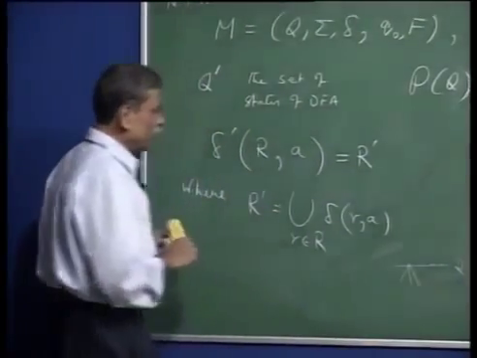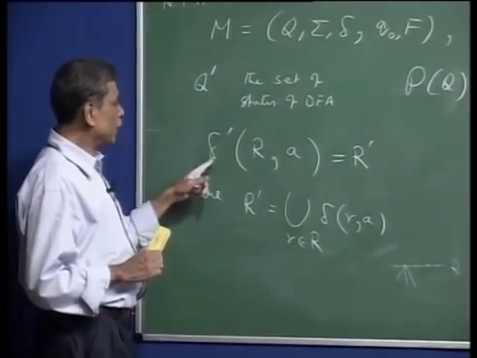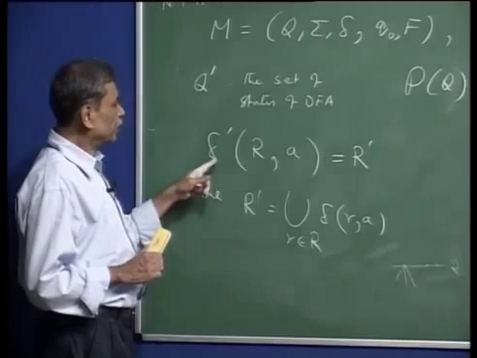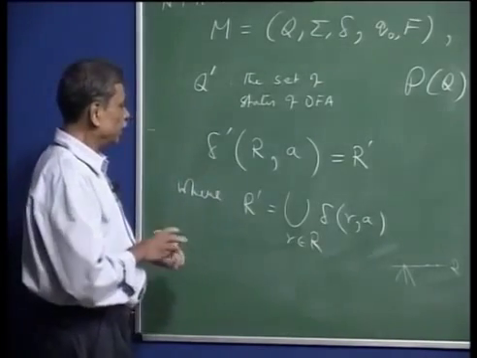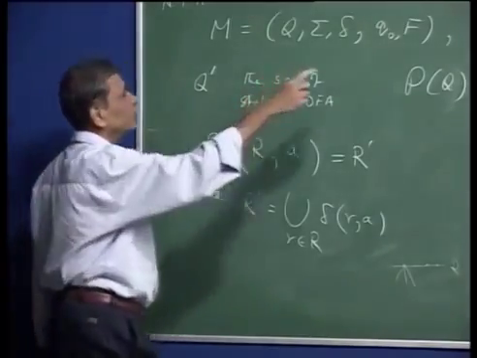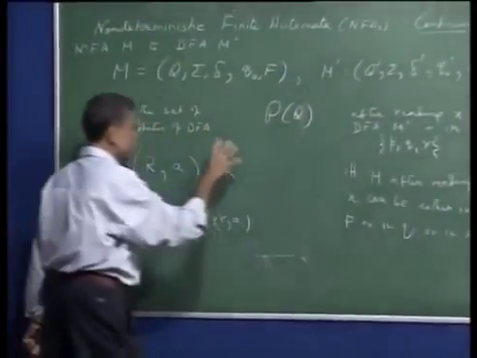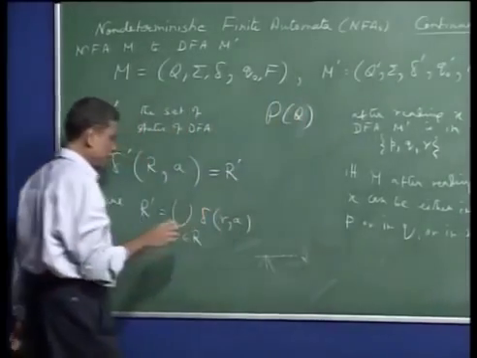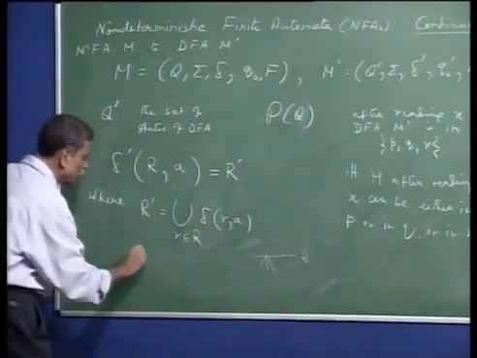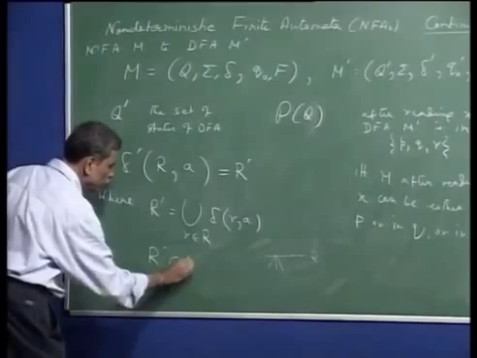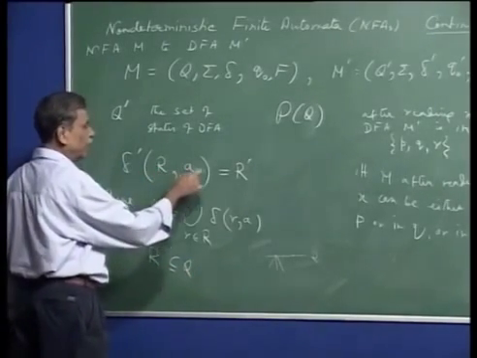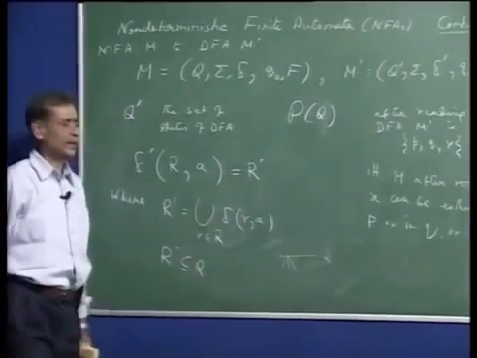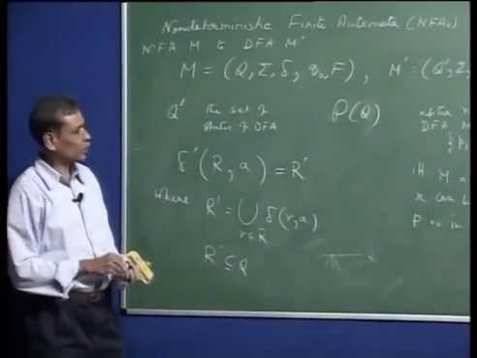One more thing to notice is that there is nothing non-deterministic about it. This is a state of the DFA, this is another state of the DFA, isn't it? Because R dash is also a subset of Q. So, there is one state, a symbol, and we are giving a definite state of the DFA that the DFA can go to.